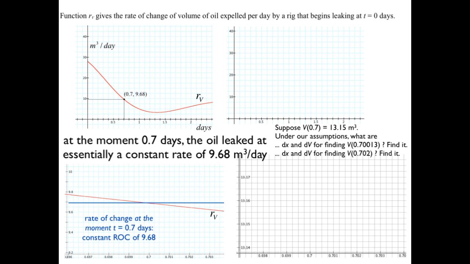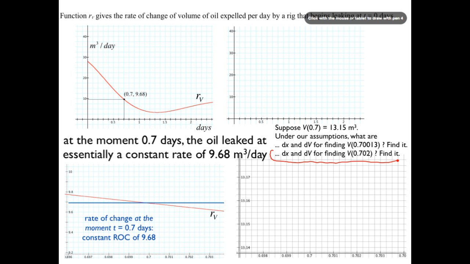Okay, so suppose, I'm going to give you some information here. V of 0.7 is 13.15. Under our assumptions, let's go right to the second one, because it's easier to draw. You can work on the first one later if you want.